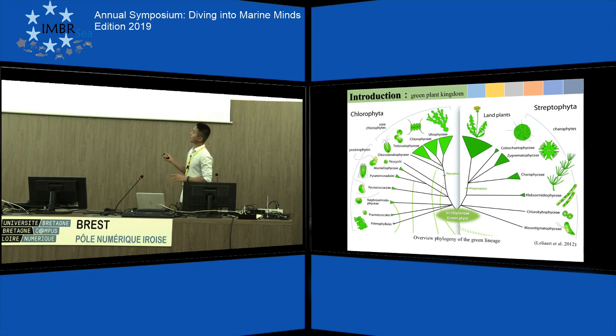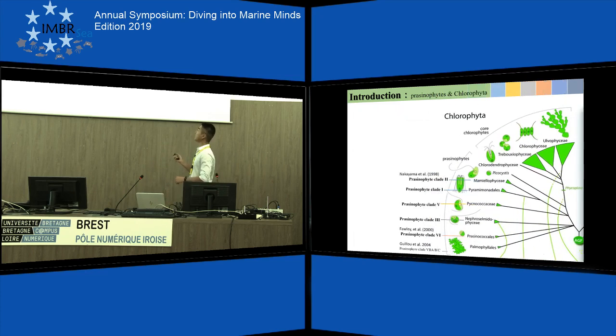And Chlorophyta contain core Chlorophyta and their early diverging prasinophyta groups. Core Chlorophyta contain more than 90% of the species in this group, while only a few species were found in the prasinophyta groups. They were named from clade 1 to clade 6 and more, just because in the beginning people couldn't identify those species.